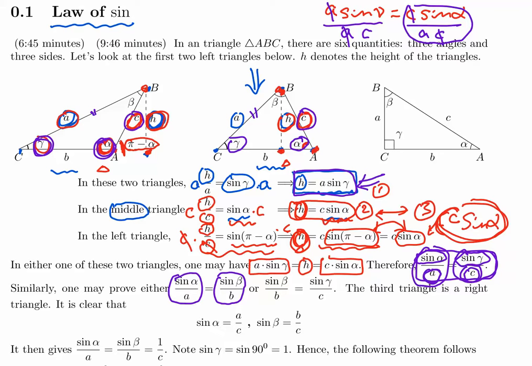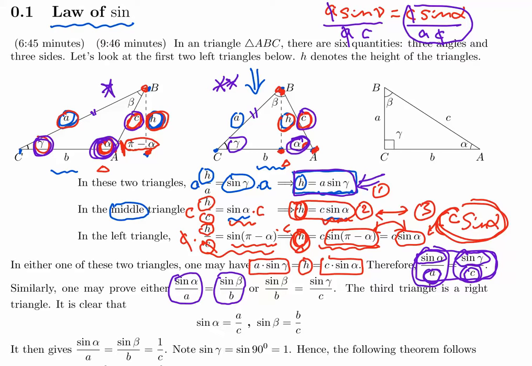Because we have considered these two different cases, this case and this case. In those two cases, alpha is greater than 90 in one and less than 90 in the other. There are two cases we have proved.